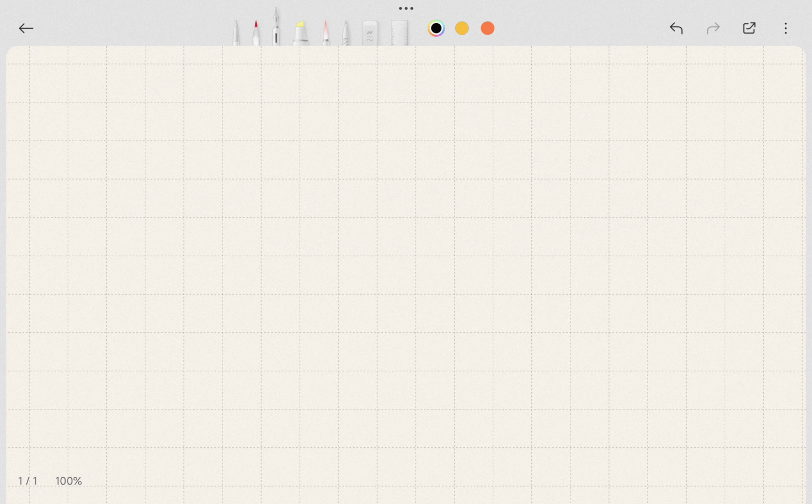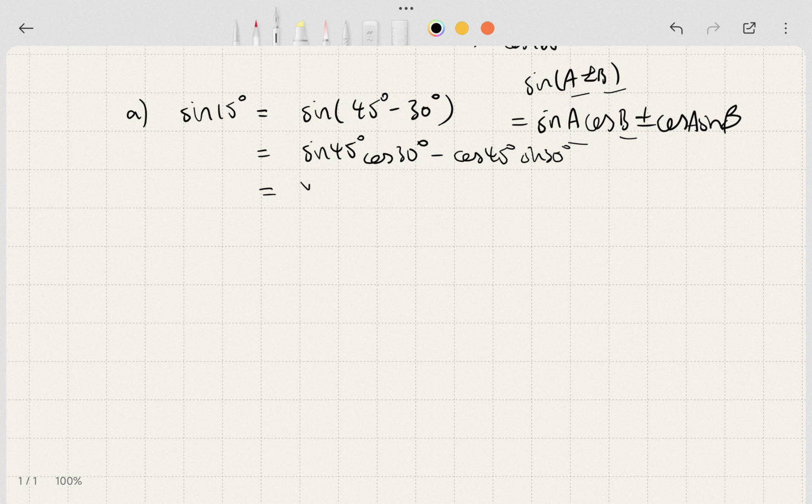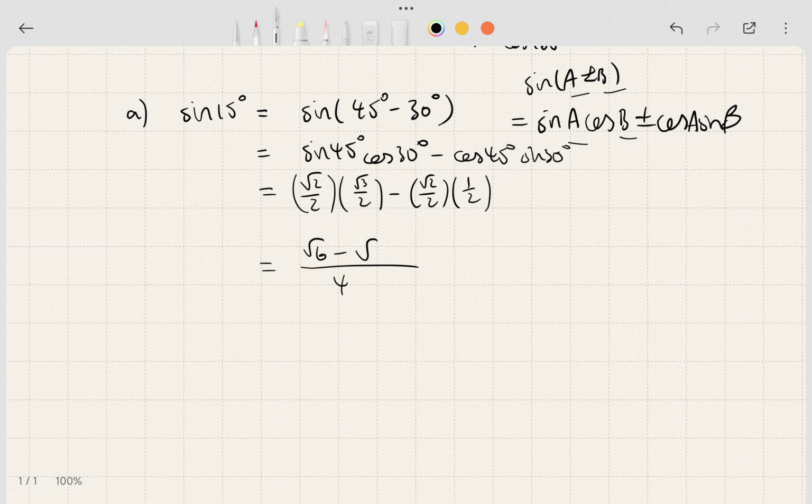So sine 45 is root 2 over 2, cos 30 is root 3 over 2, minus cos 45 is root 2 over 2, sine 30 is half, and we get the value to be root 6 minus root 2, and I don't think you can simplify that further.